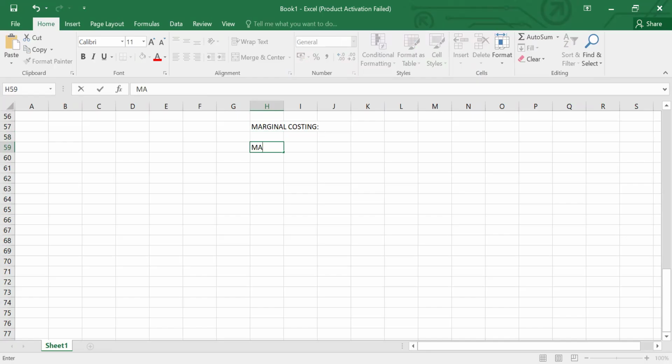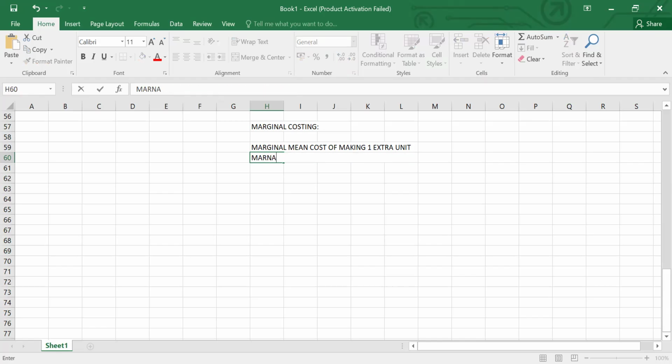Marginal means the cost of making one extra unit. If you're making 100 units costing $100, what will be the cost of making one extra unit? If you're making 100, what will be the cost of the 101st unit? That one extra unit that you are going to make, the cost of that extra unit is known as marginal.